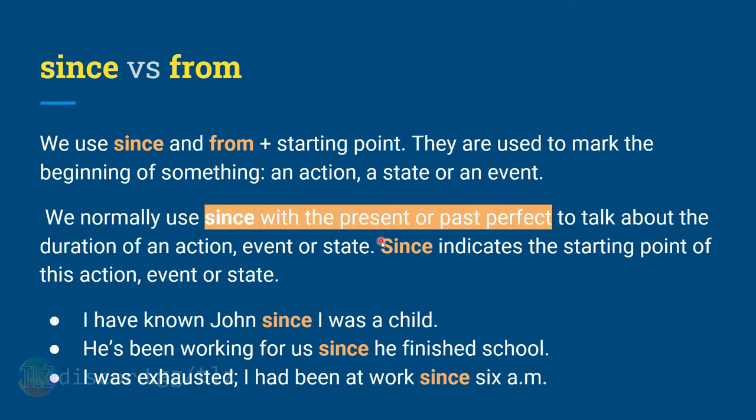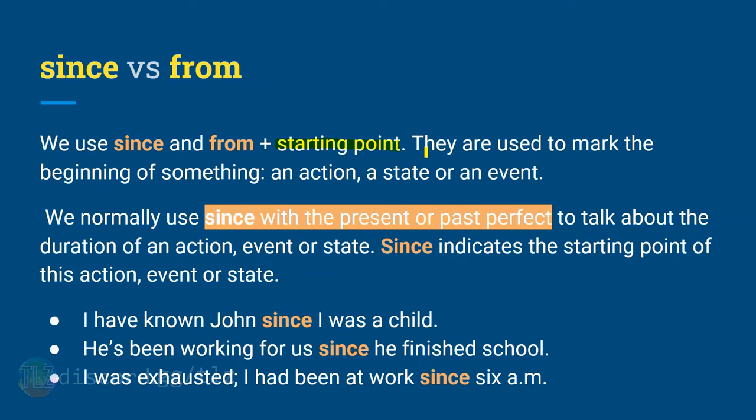Now, since versus from. We use since and from with the starting point. Now, here is where you'd probably get confused. Today, let's go with a yellow highlighter. So, starting point is common for use with both since and from.